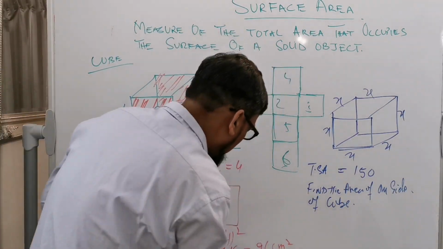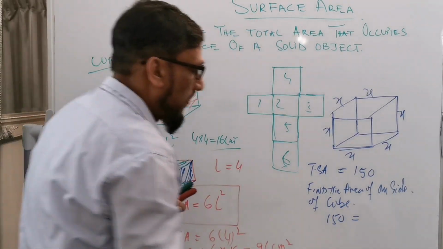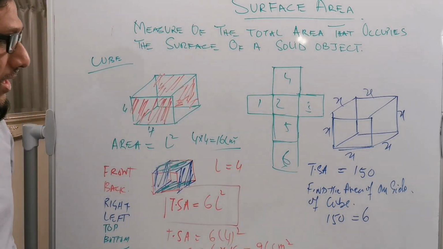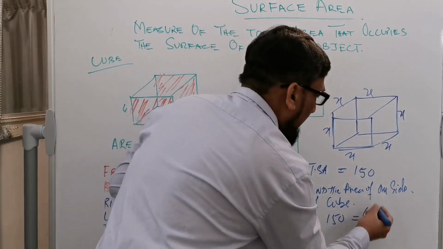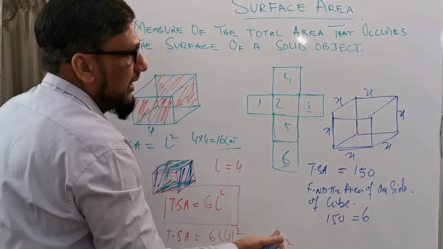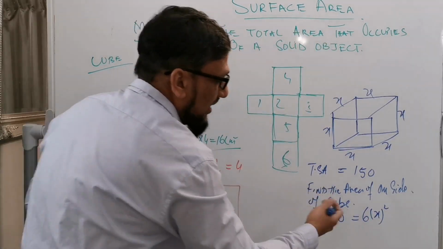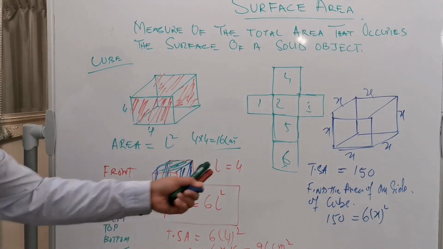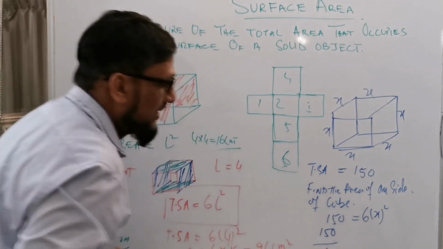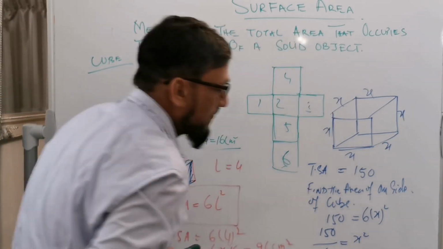The total surface area, 150, is equal to the formula 6L squared, and the length we don't know, so I can put x squared. So we simply do 150 divided by 6 equals x squared.